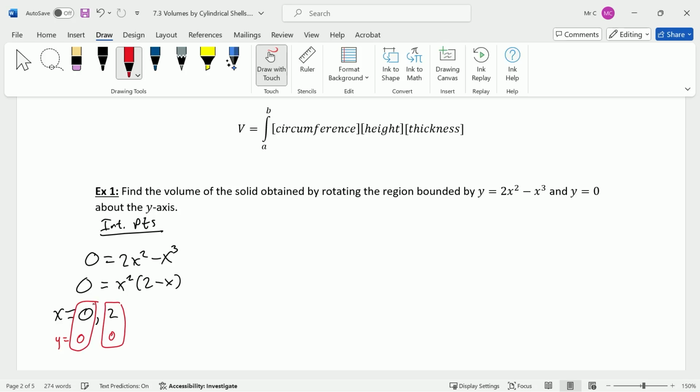So my intersection points are (0, 0) and (2, 0). And just to get a slightly more complete picture of the graph, we'll plot one point in between, say x equals 1. I get 2 minus 1 is 1. This is not an exact picture of the graph, but the region we're concerned with looks something like this.